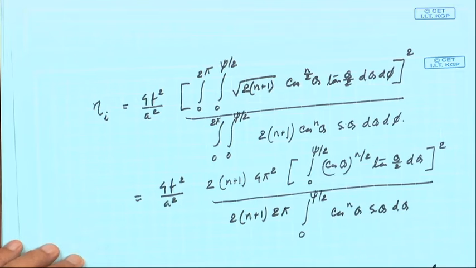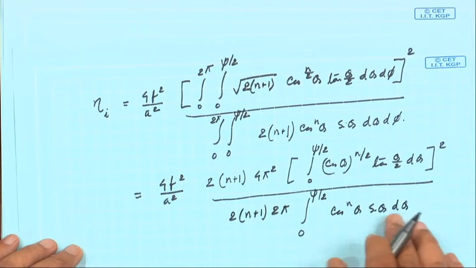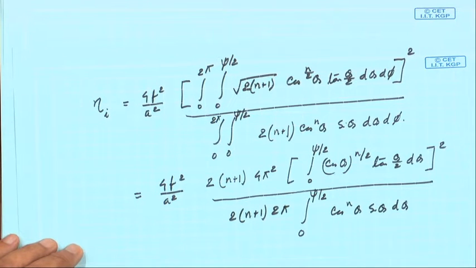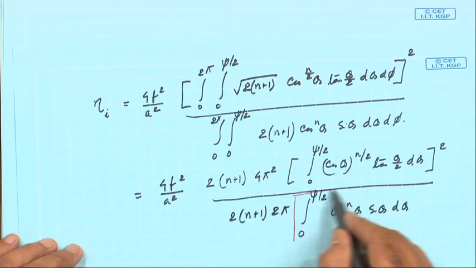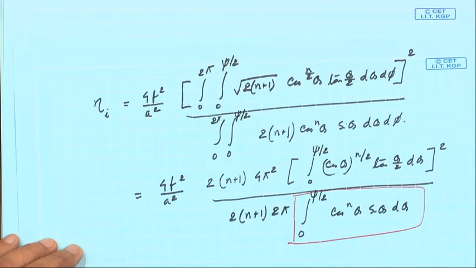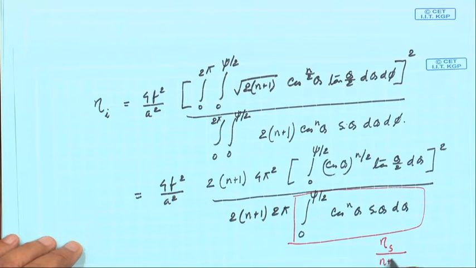Now, here we will put the expression of spillover efficiency. So, instead of this we will write eta_s by n plus 1.